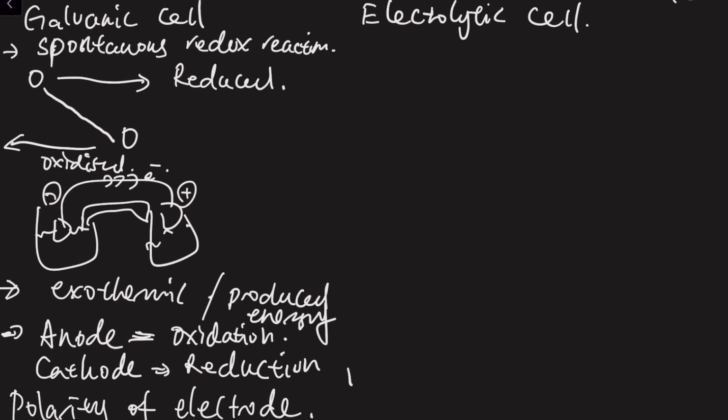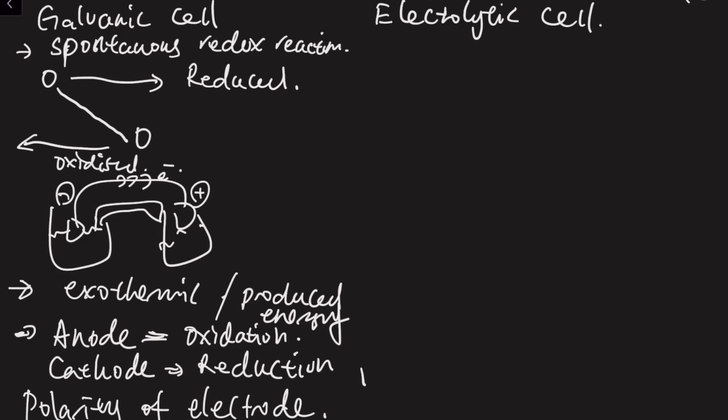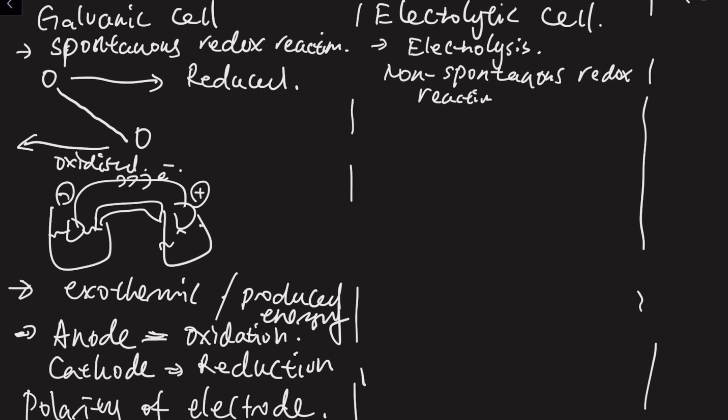An electrolytic cell is very different. It conducts something called electrolysis. And electrolysis is non-spontaneous. So it's actually just the reverse of a spontaneous redox reaction. So what happens is you have this setup going on.